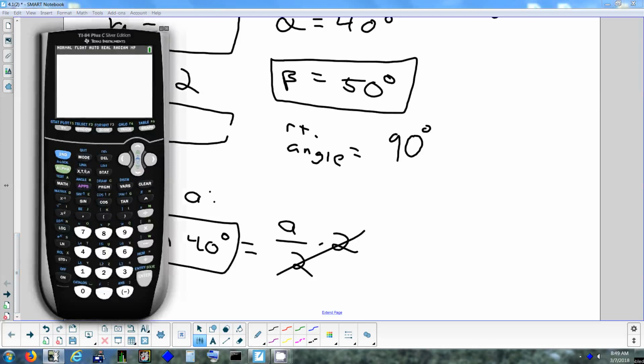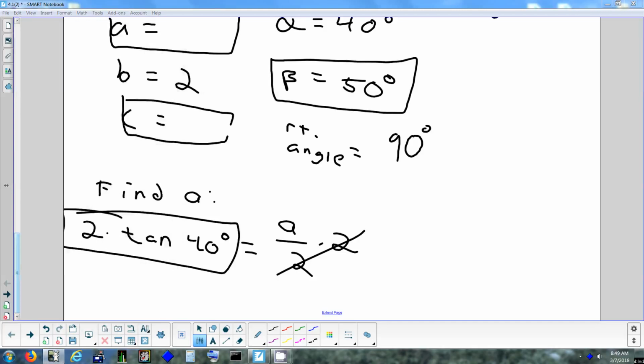First thing I have to check is I'm typing in an angle. Anytime you're working with an angle, check your mode. Is this problem a radian? No, that's 40 degrees. All the triangle problems we do in this section are going to be in degrees.